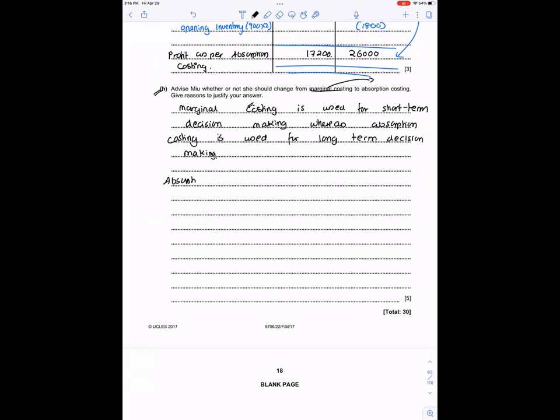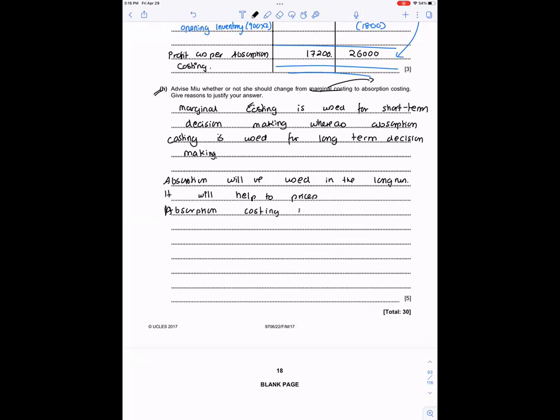Absorption costing will be used in the long run. It will help to set prices. But it can be more complicated to use than marginal. Yes.